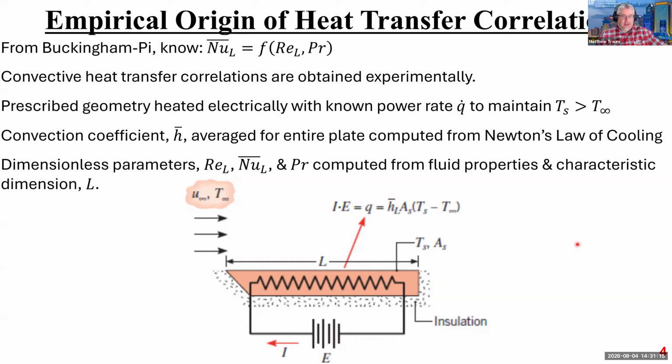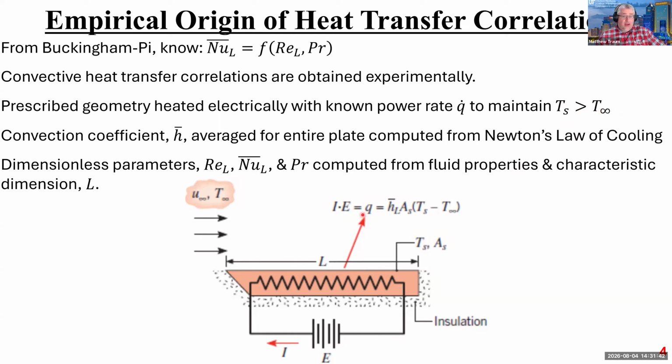You guys also did a series of experiments where you measured the convection coefficient for a cylinder, using the melting cup with ice in it. So that's a situation where Ts is less than T infinity. So this works just as well for cooling as it does for heating. But the way that the derivation is done in the book is we assume a heated plate rather than a cooled plate. And so Ts is greater than T infinity, at least for this derivation.